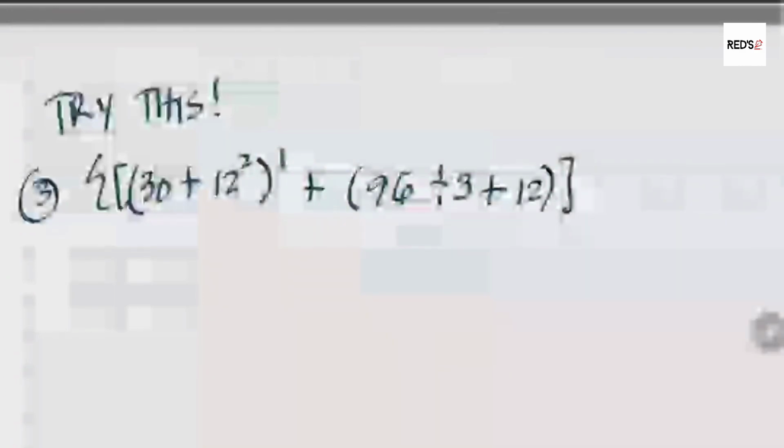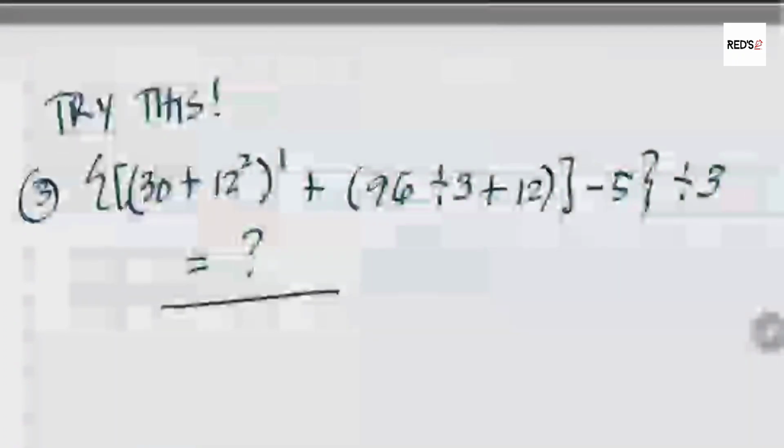And then all those will be subtracted with 5, and then all the answers will be divided by 3. So what should be the answer for this one?